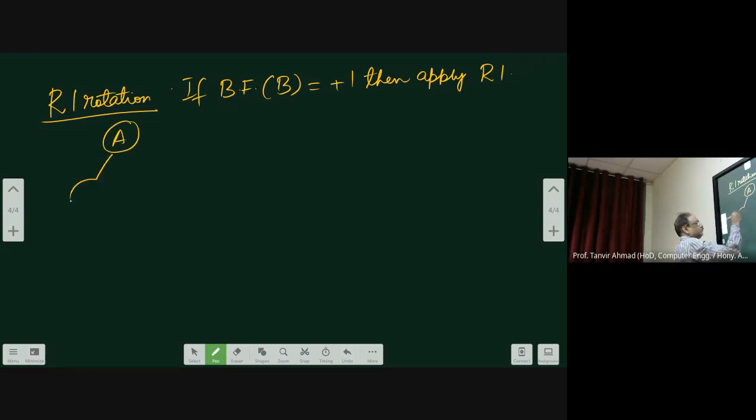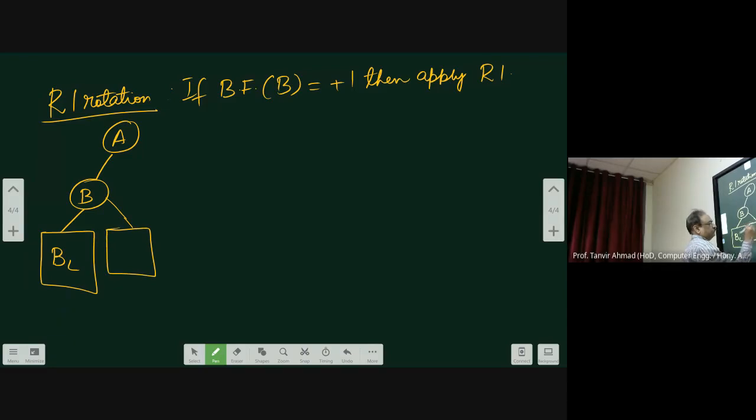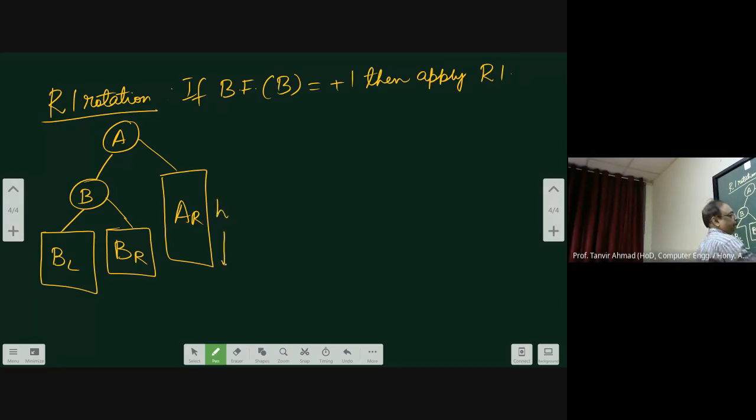A. The height of this is h. The height of this is also h. But the height of this is h minus 1.